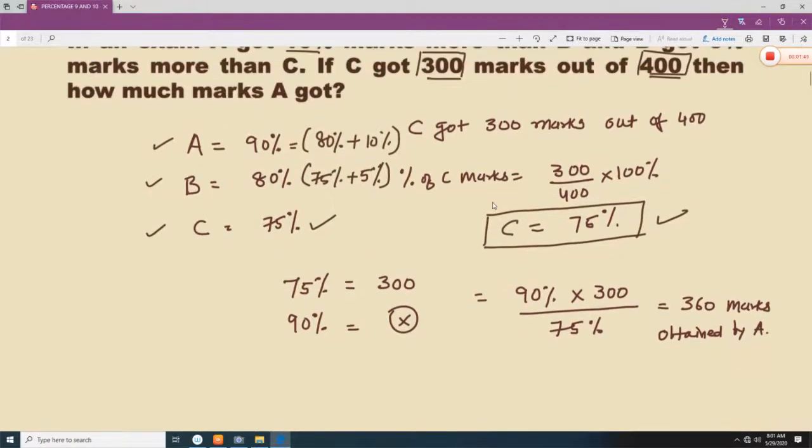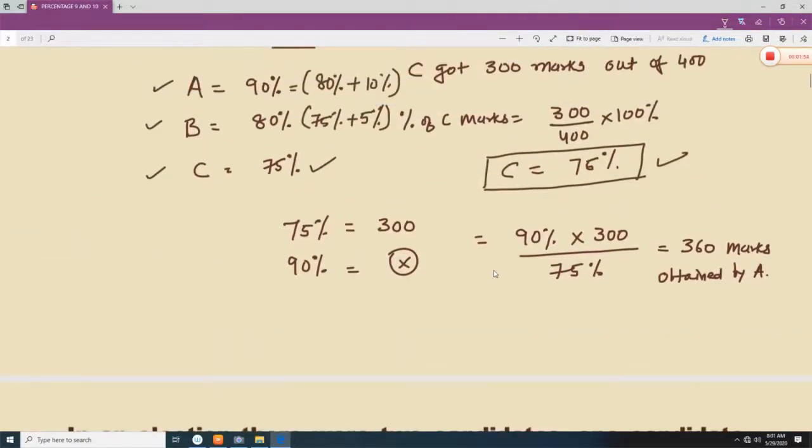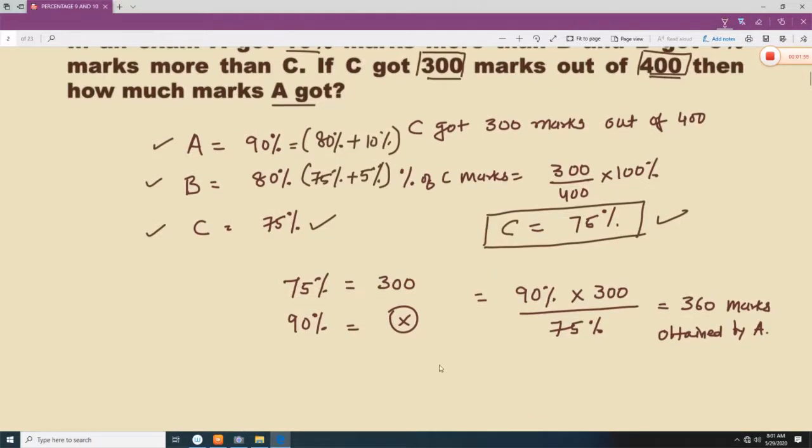Now the question is asking how much A got. It means you have to find out 90% of 400. So when you are finding 90% of 400, A is going to get 360 marks.